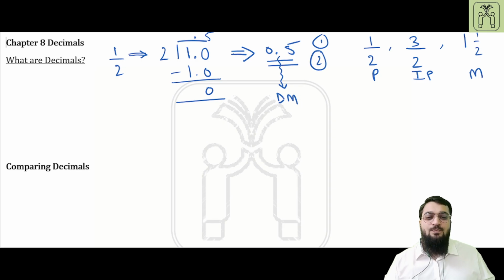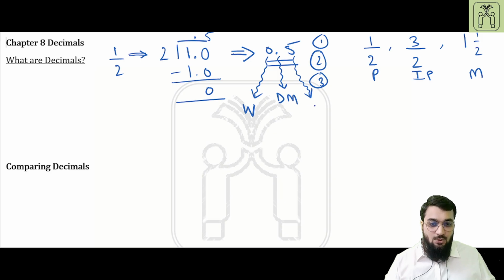Now coming to point number 3: the digits mentioned on the left side of the decimal point represent the number of wholes in that particular scenario. And the digits mentioned on the right side of the decimal point represent the number of parts of that particular whole that are under consideration.